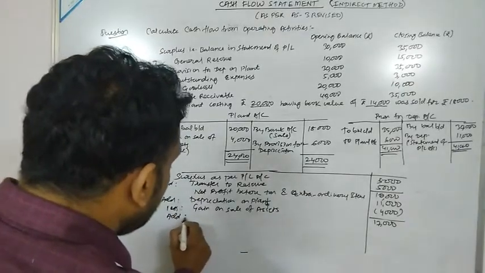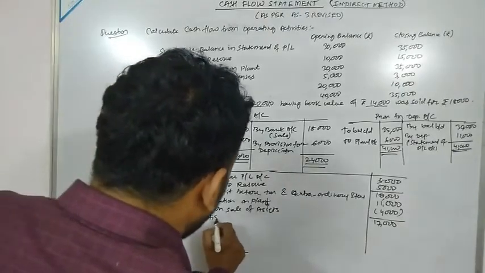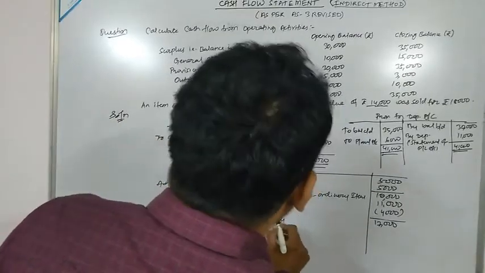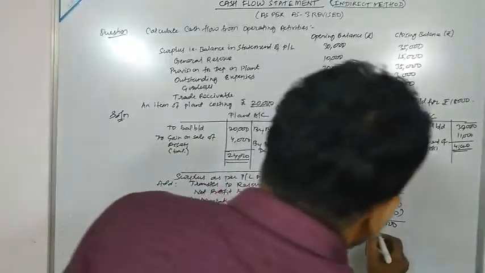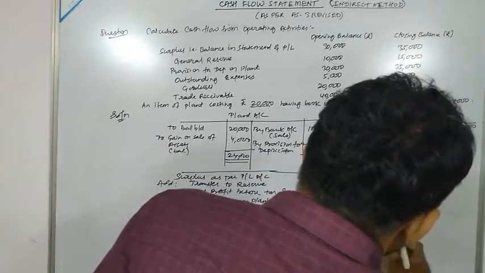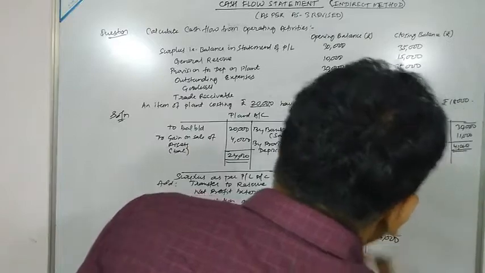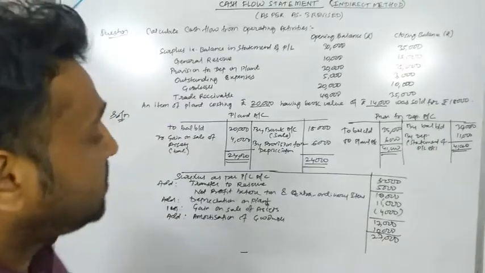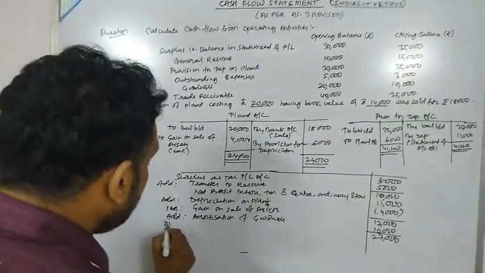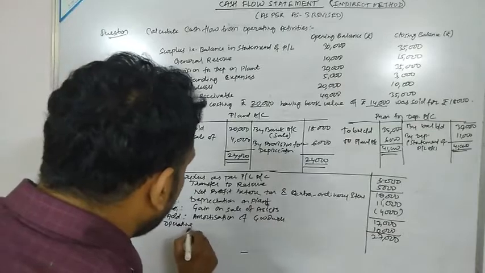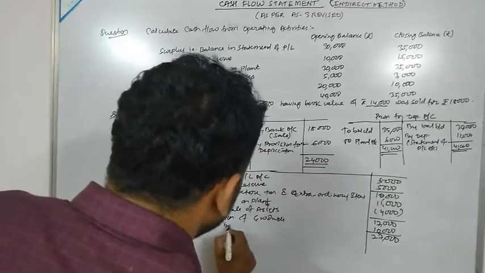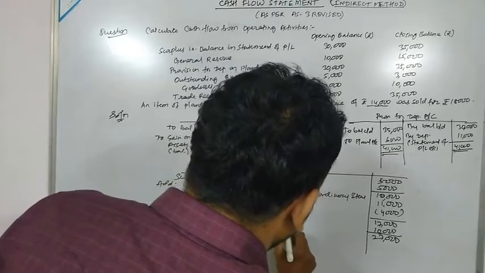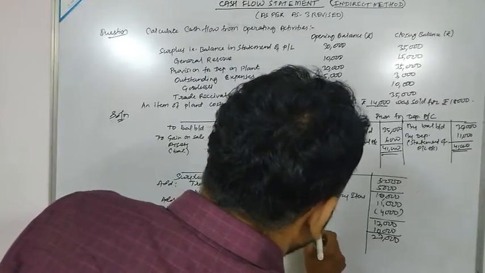Add amortization of goodwill, 10,000. So this will be 27,000. This is your operating profit before working capital changes.